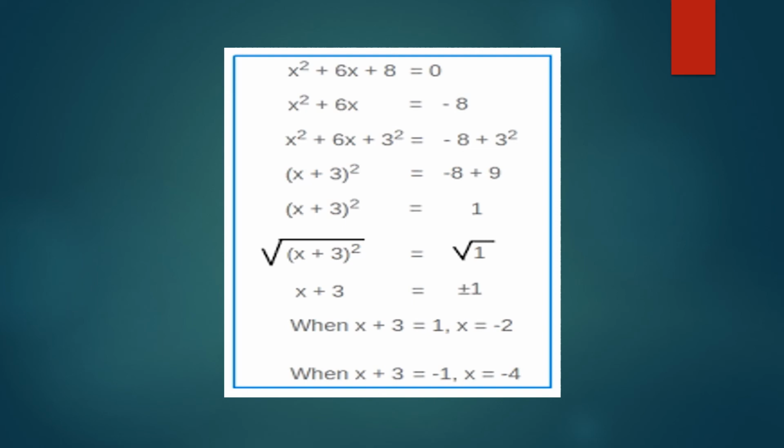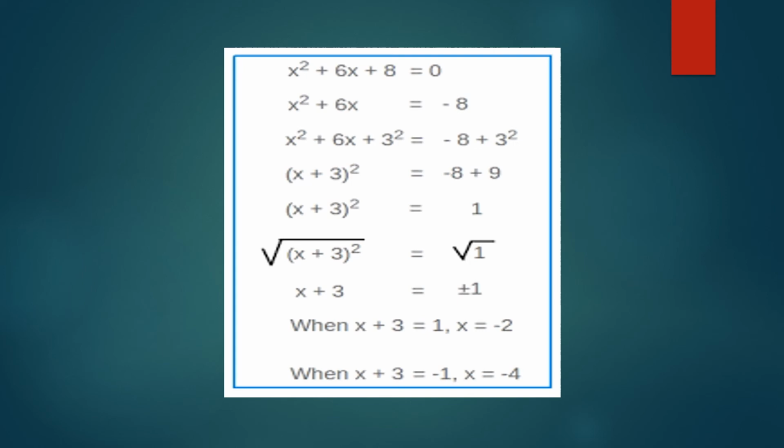Here, the quadratic coefficient, that is the coefficient of x square, is 1. So, dividing by 1 will not make any difference. The equation remains x square plus 6x plus 8 equal to 0.